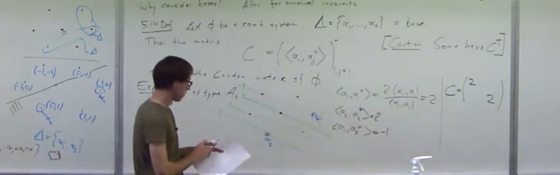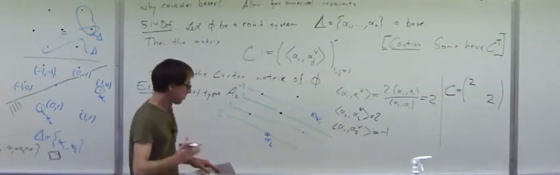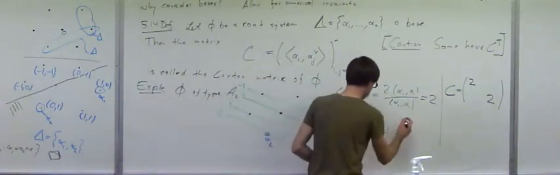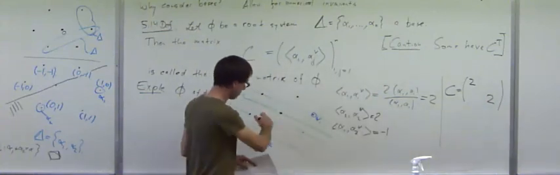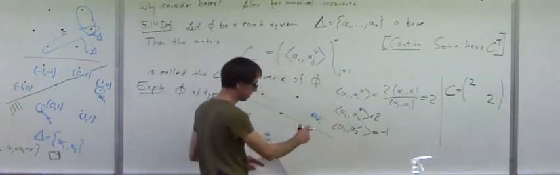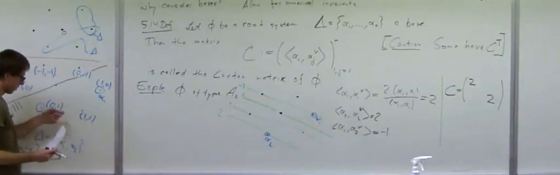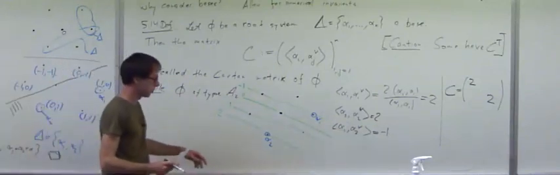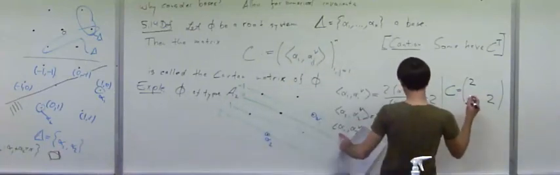I always like looking at these pictures, but if you don't like this picture drawing, you can just compute it. Take the definitions of the root system and compute it, and see this.